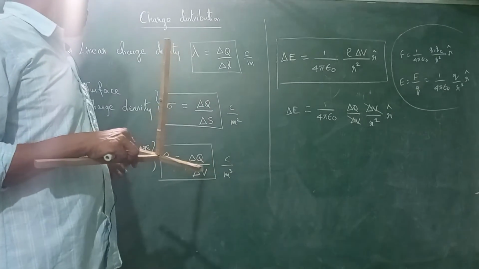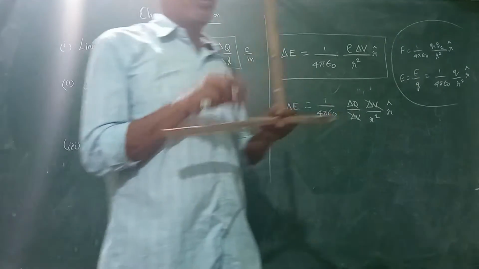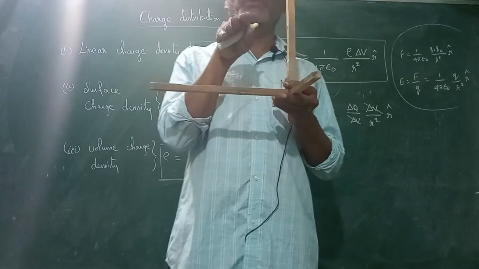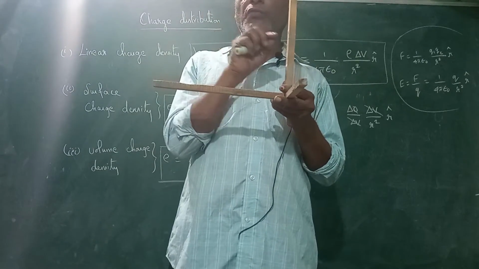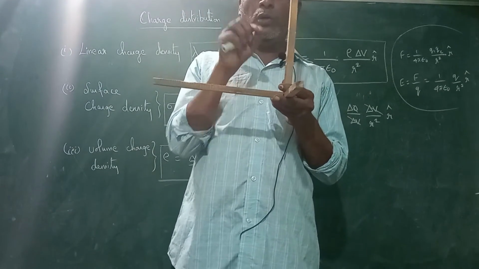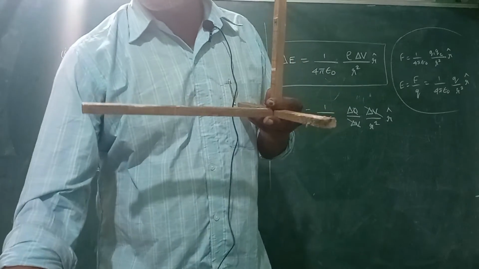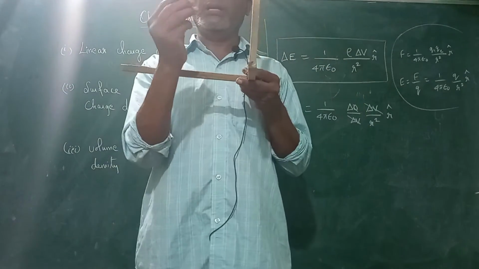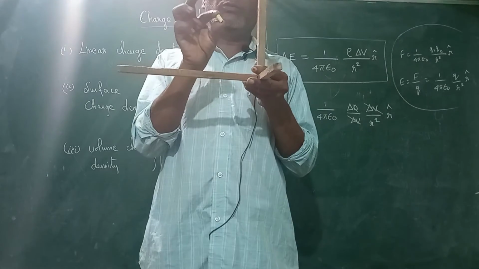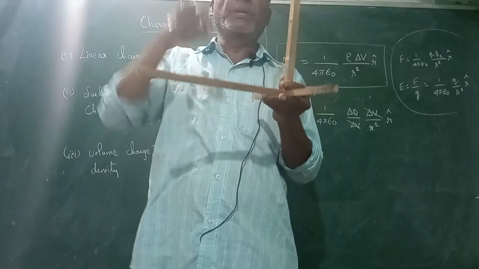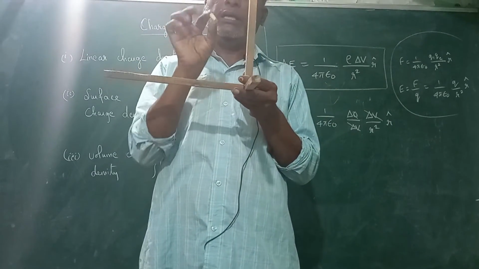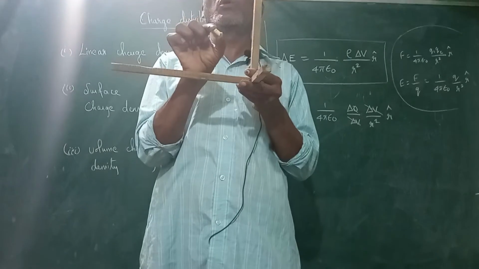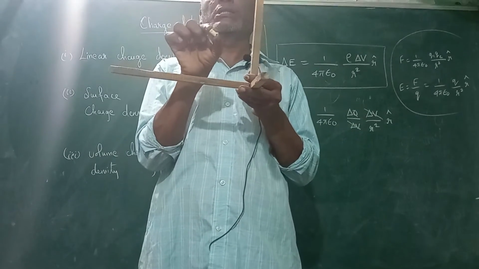Next we consider volume charge density, which is rho. Now we have considered the surface. Now if you take a piece of volume, a very small volume, assume this chalk piece has a volume. I assume it to be a big element, and I am considering a very small volume, even smaller than this.